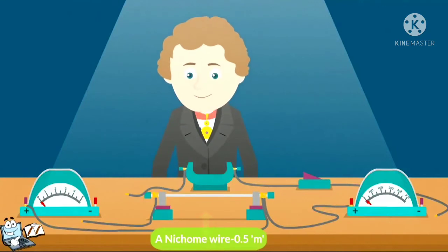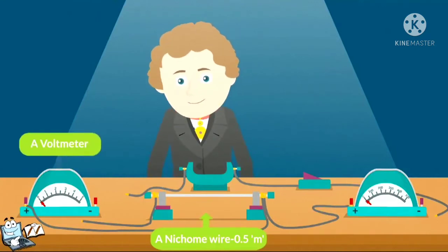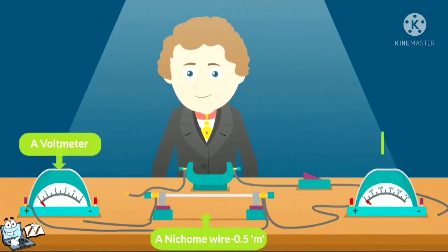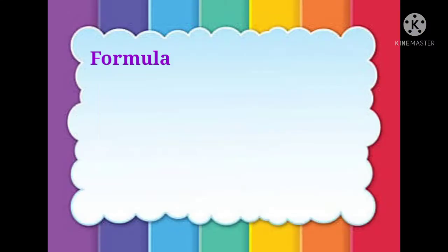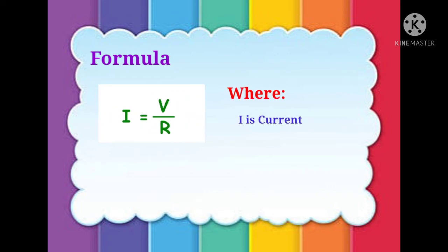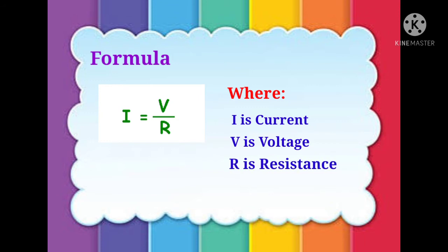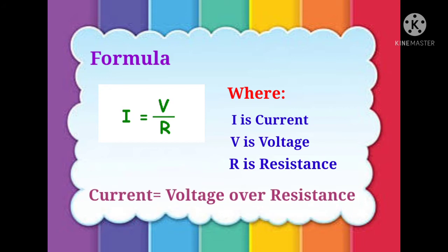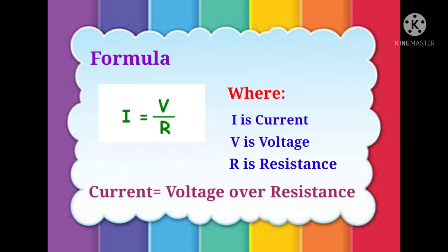Ohm's law may sound a bit confusing when written in words, but it can be described by this simple formula, where I is the current, V is the voltage, and R is the resistance. The formula can be read as current is equal to voltage over resistance.